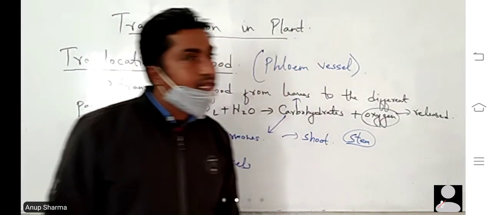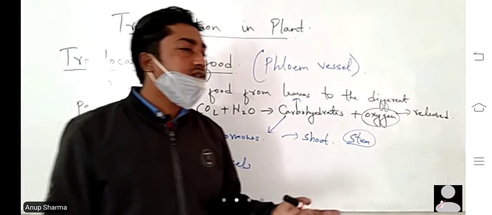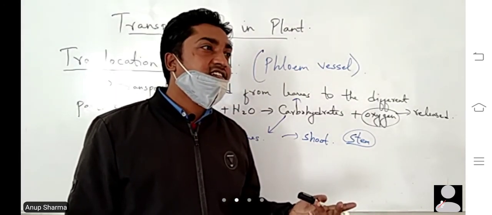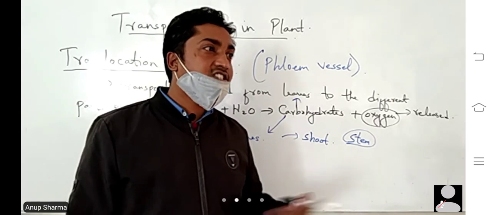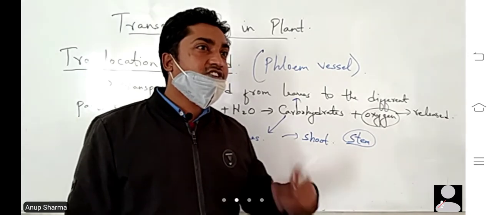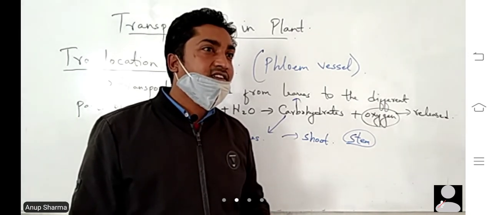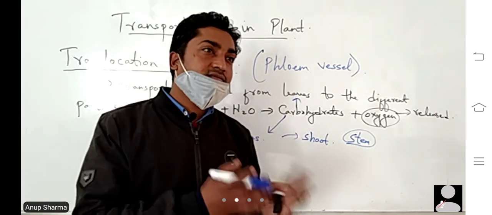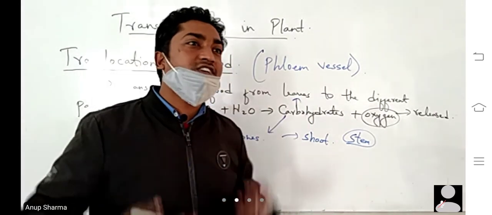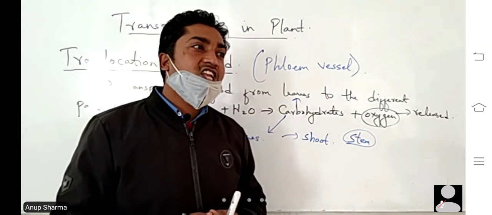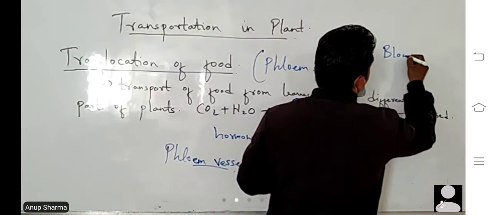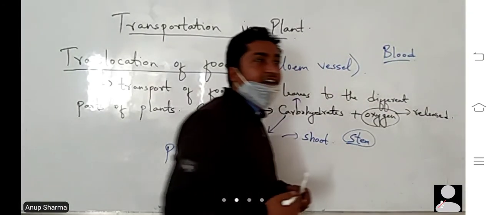The food that is prepared moves from the mesophyll cell. And the food that we eat, where does it get mixed? In humans, in the stomach. After that, the food is transported by what? After it is digested in the small intestine, who transports it?